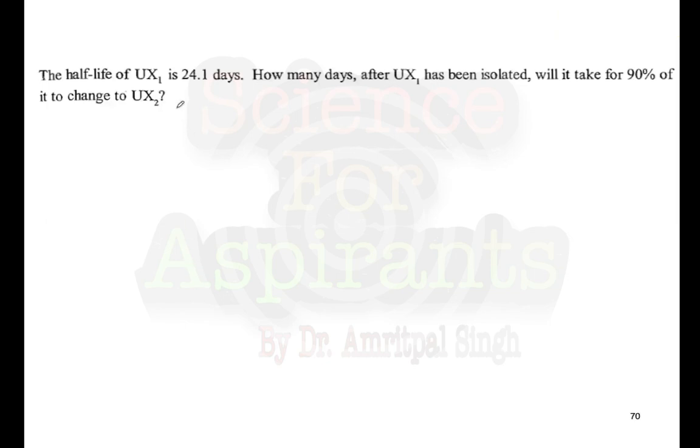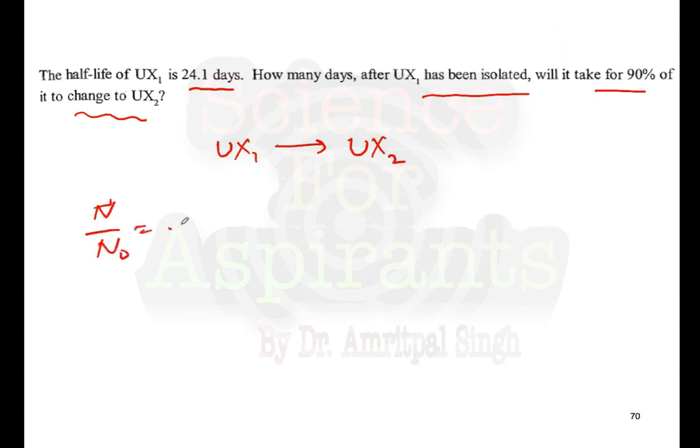The half-life of UX1 is 24.1 days. After how many days after UX1 has been isolated will it take for 90% of it to change to UX2? So UX1 is disintegrating into UX2, and we have to find after how many days 90% will be disintegrated. So N over N naught is exponential of minus lambda t.